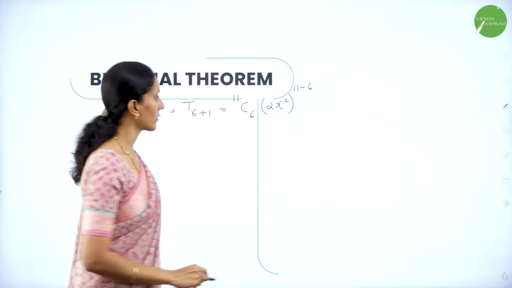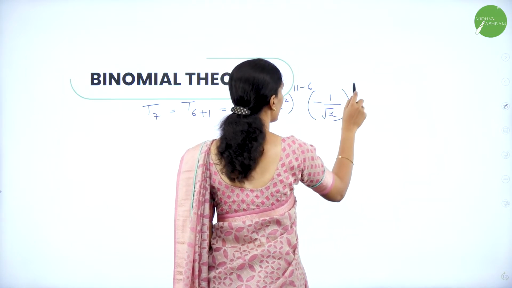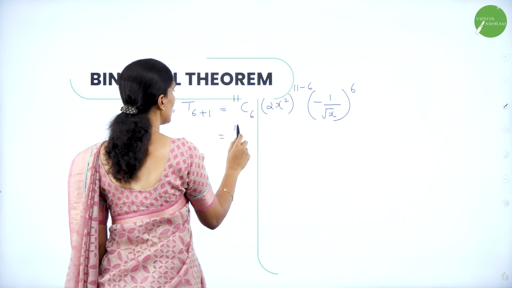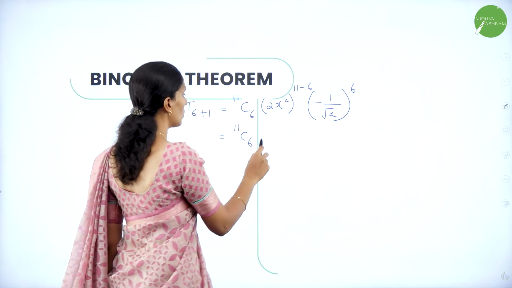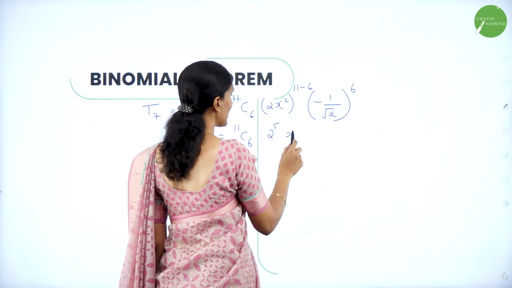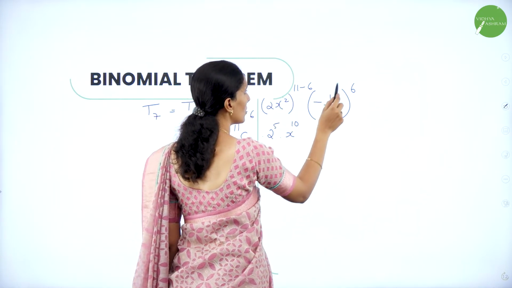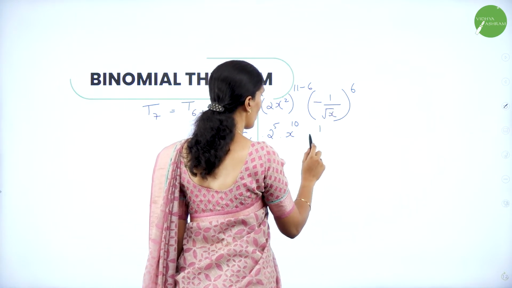Minus 1 by root x. So minus 1 by root x whole power 6. So therefore this is 11C6. So 11 minus 6 is 5. So this is 2 power 5 into x square into 5 is x power 10. Minus you have with even power. So it is positive. 1 power 6 is 1.